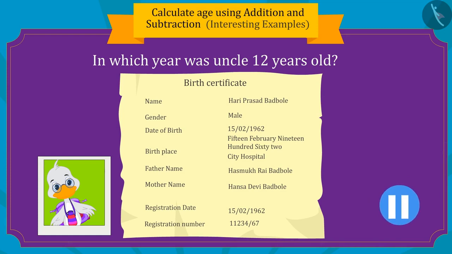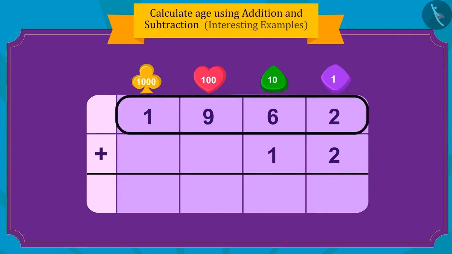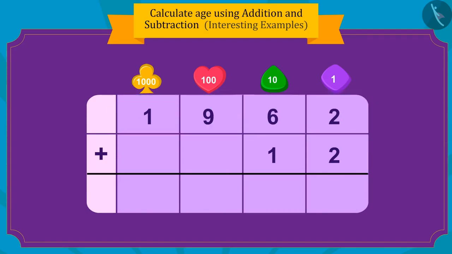If you want, you can pause the video and find the answer. Well done, kids. You have found the right answer. Uncle was born in 1962. And what should we do to find out in which year he was 12 years old?